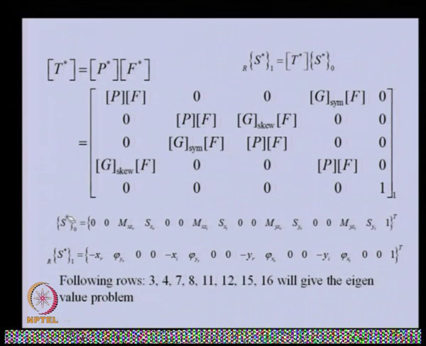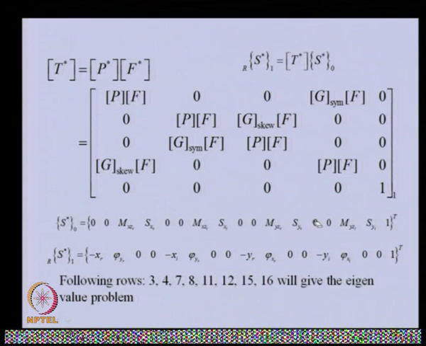The state vectors at station 0 and station 1 are given like this. Here we have applied the boundary condition also, because at station 0 we have a fixed end. So, linear and angular displacement will be 0, both the real part and imaginary part. Similarly, this is for the horizontal direction, this is for the vertical direction, vertical real part and vertical imaginary part.